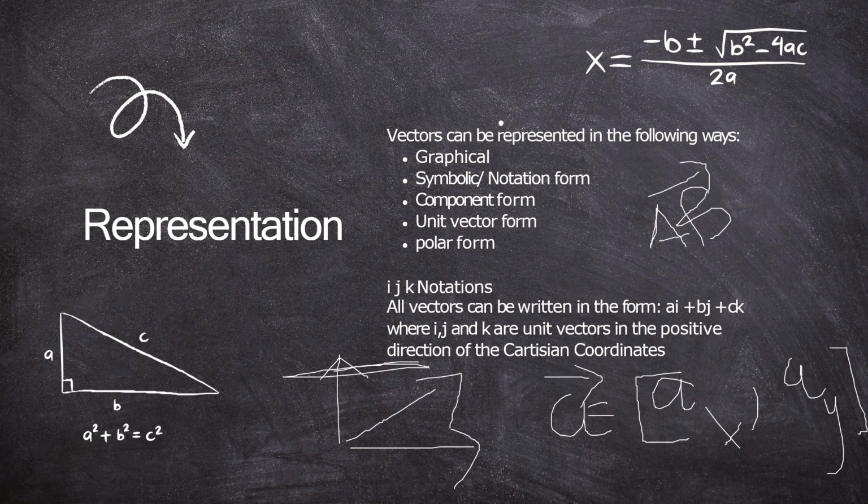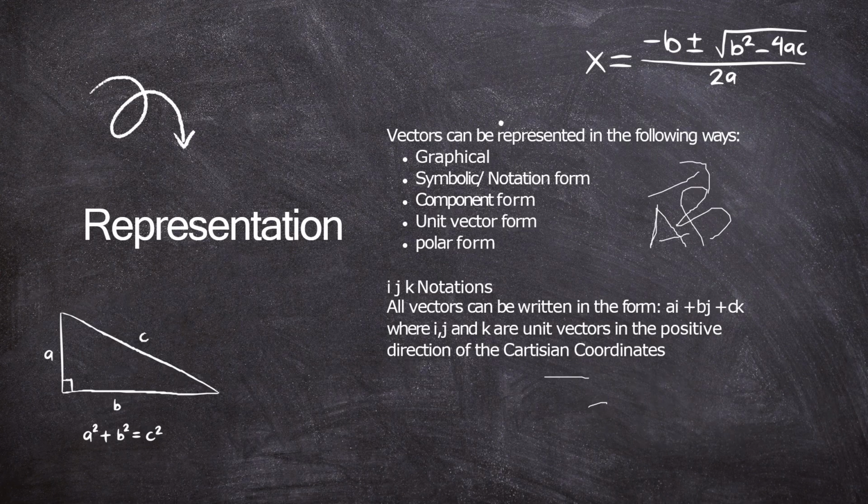Then we have the unit vector form. Any vector has to be written in terms of magnitude and direction to be called a vector. So now, if you have a vector like this, this is your vector.